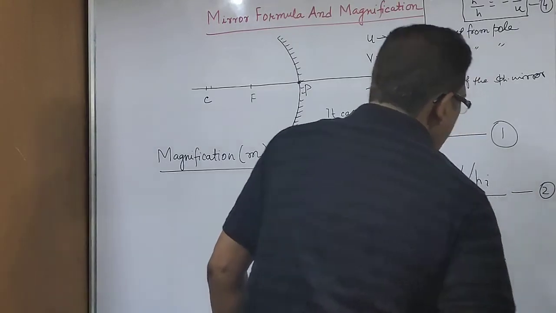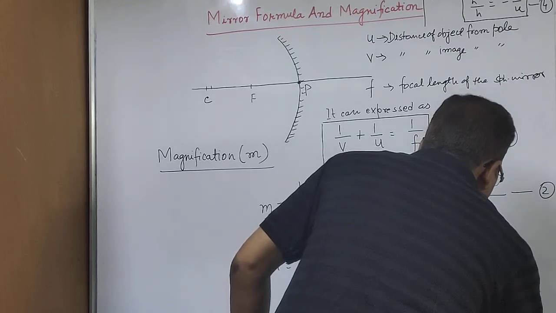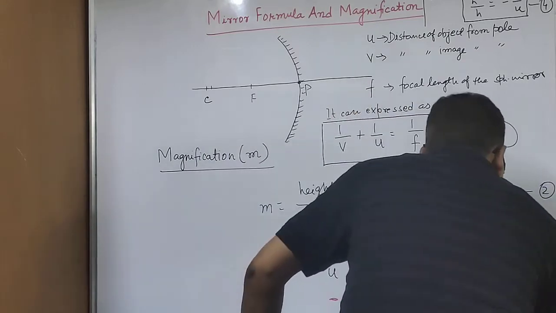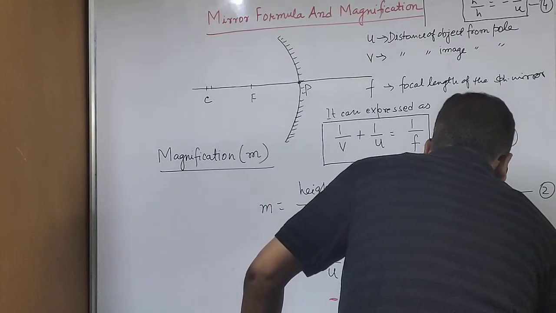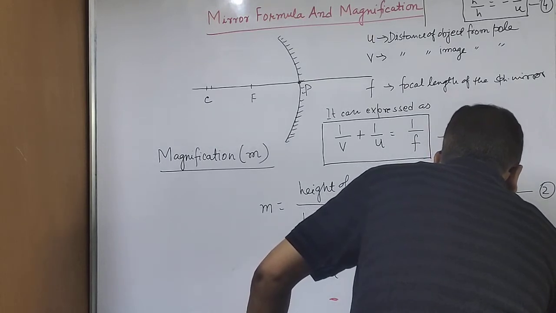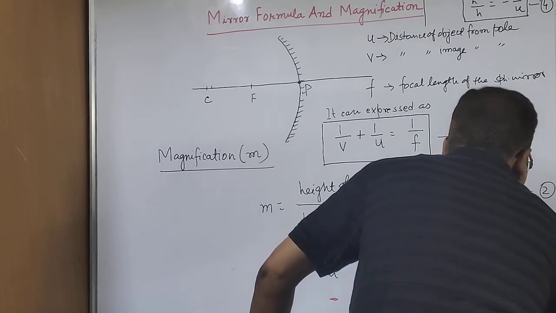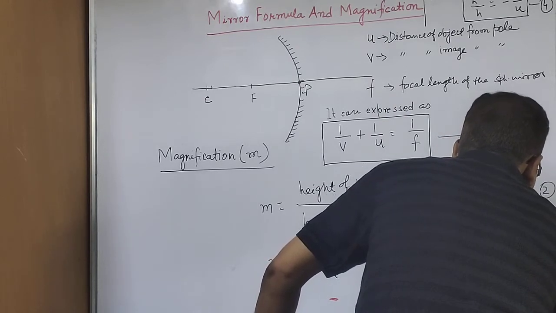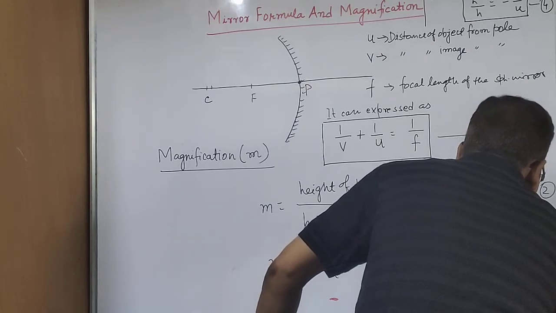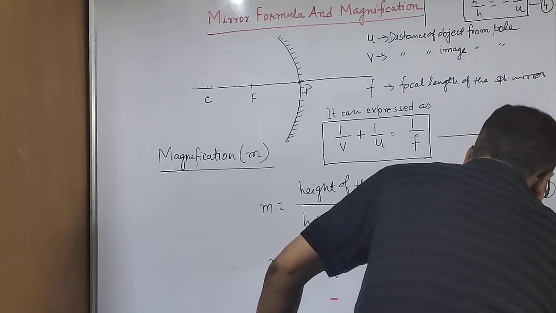The plus sign indicates that the image is virtual, and 1 indicates that the size of the image is equal to the size of the object.